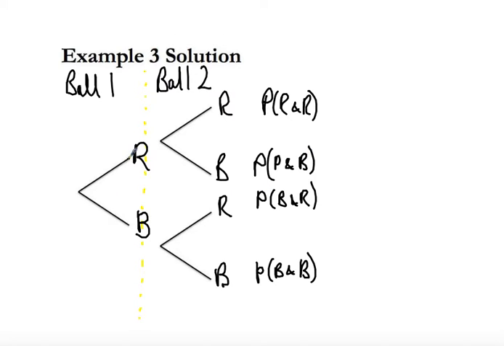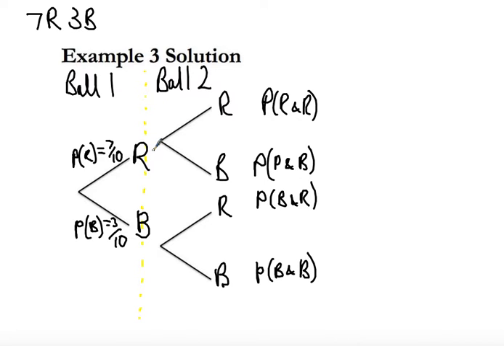Now on each one of these branches I want to label the probabilities. We were told in the question that there were 7 red and 3 blue balls. So the probability of a red equals 7 out of 10, and the probability of a blue equals 3 over 10. Now, these are independent events.